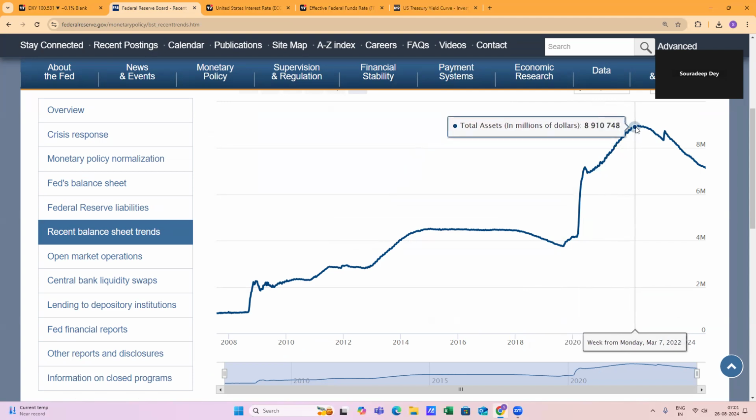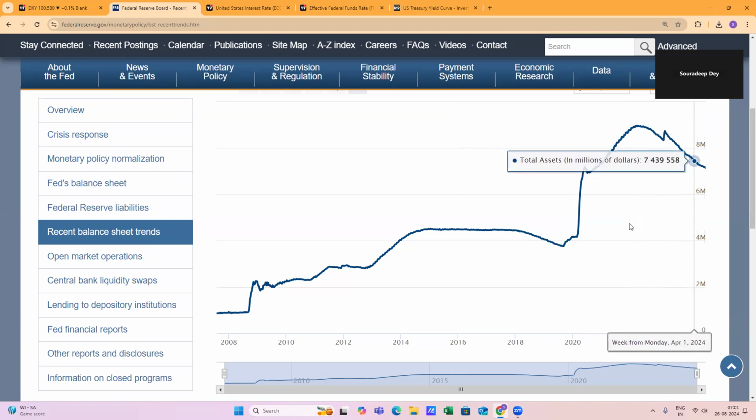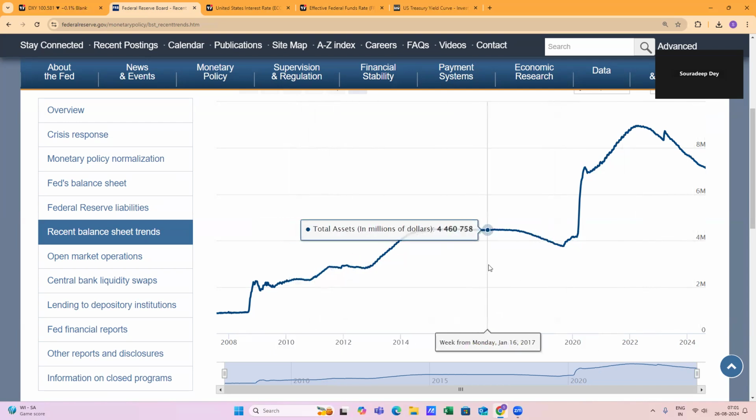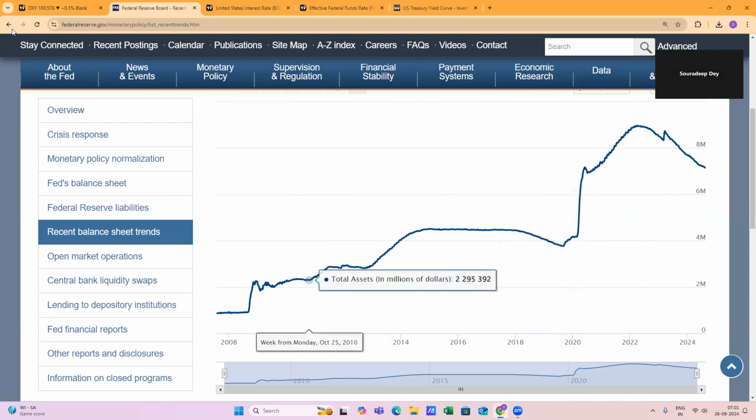You can see 8.9 trillion. And from March 2022, it started decreasing the balance sheet, which presently stands at 7 trillion, still pretty high compared to what we used to have for a decade before the COVID pandemic.